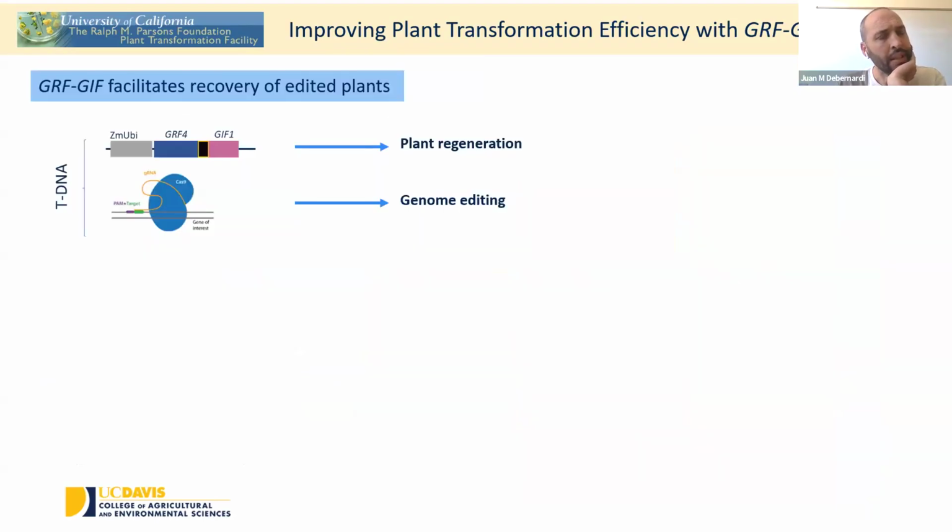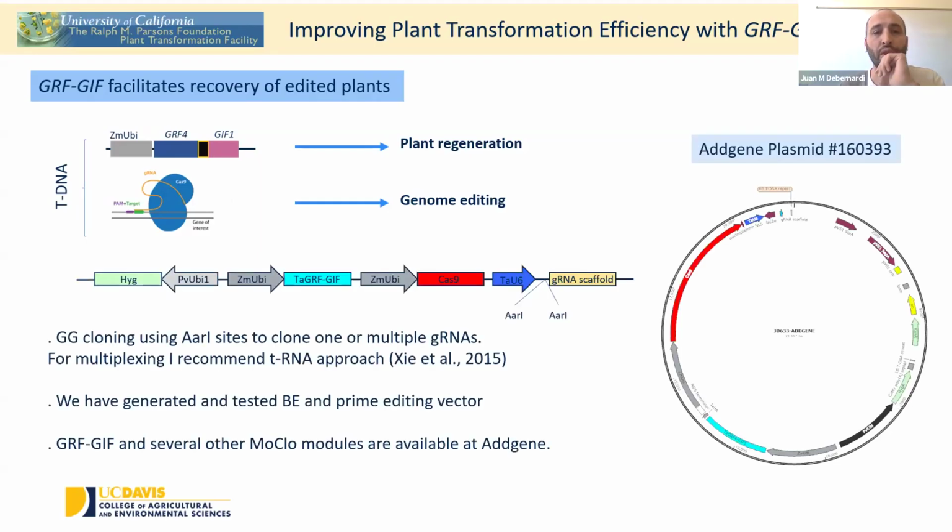Now I want to mention something about genome editing. Basically, we can put together in the same T-DNA GRF-GIF with CRISPR, which in this case is Cas9. We have a vector that is available in Addgene. This vector contains Cas9 and GRF-GIF, and you can clone guide RNAs in that position.